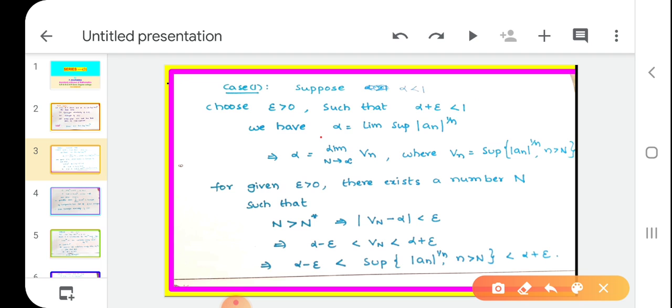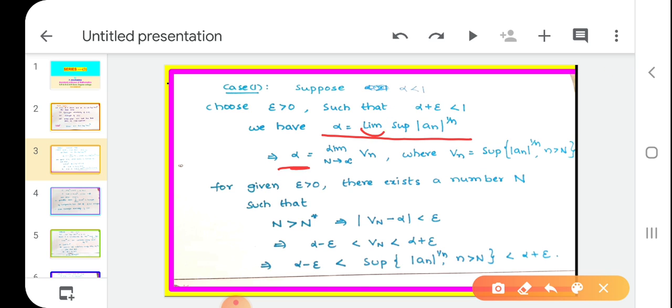What is the value of alpha? Already given in the statement: the limit supremum of a n whole power 1 by n. Here I let the supremum of a n whole power 1 by n be V n. So what is the value of alpha now?